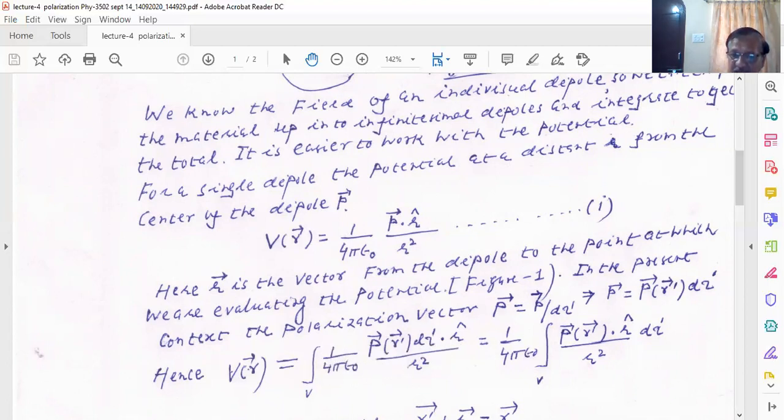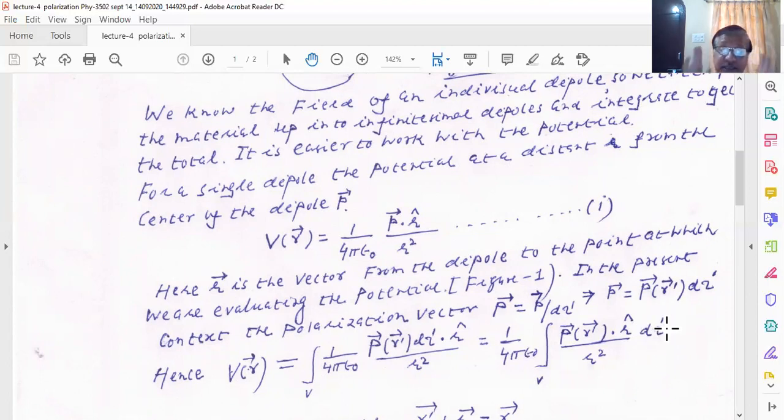The integrand has 1 upon 4 pi epsilon 0, and the dipole moment is replaced by this factor, into r caret divided by r square. You can keep the constant 1 upon 4 pi epsilon 0 outside, and you have a volume integration of vector P with unit vector r divided by r square, carried out with respect to the volume element d tau prime.